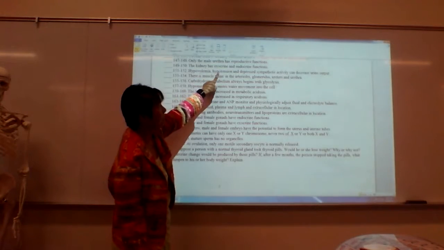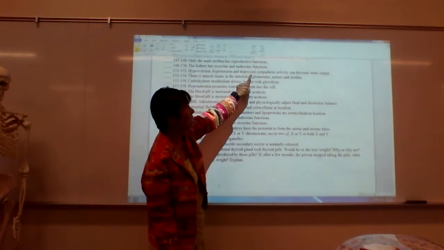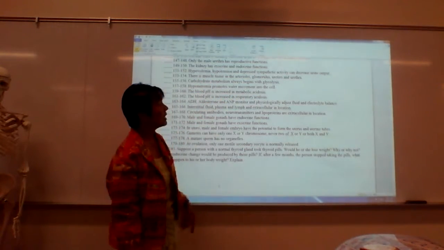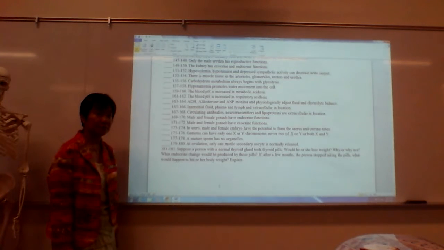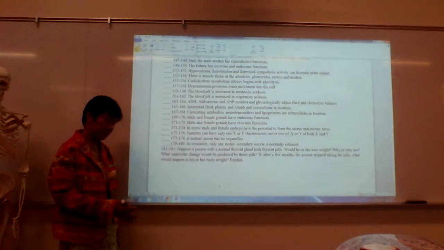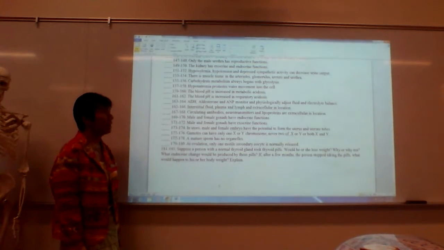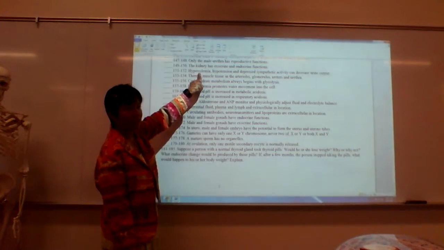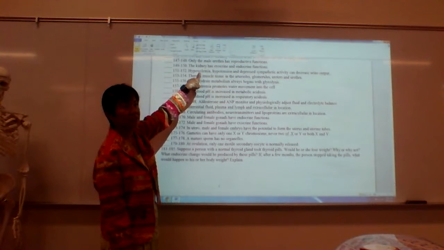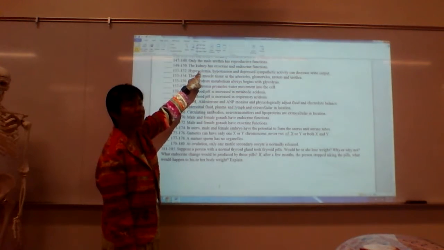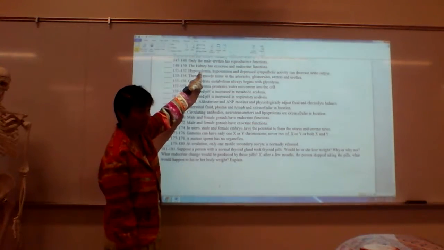Hypovolemia, hypertension, and depressed sympathetic activity can decrease urine output. Let's see, hypovolemia, will that decrease urine output? If you have low blood volume, is your urine output high or low? Low, right?